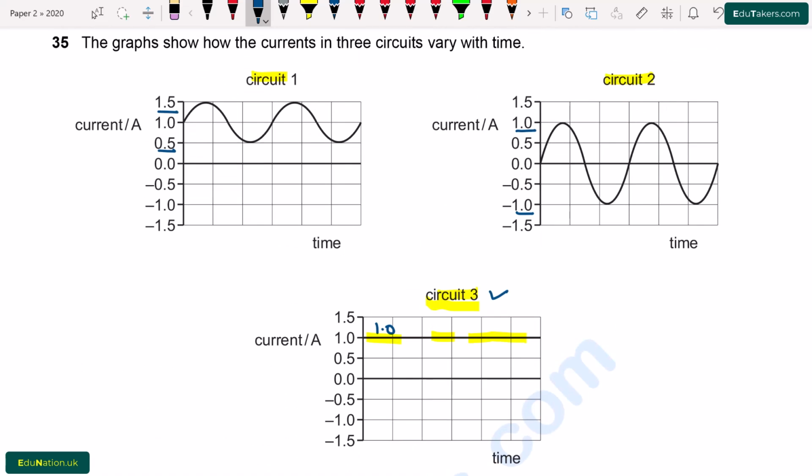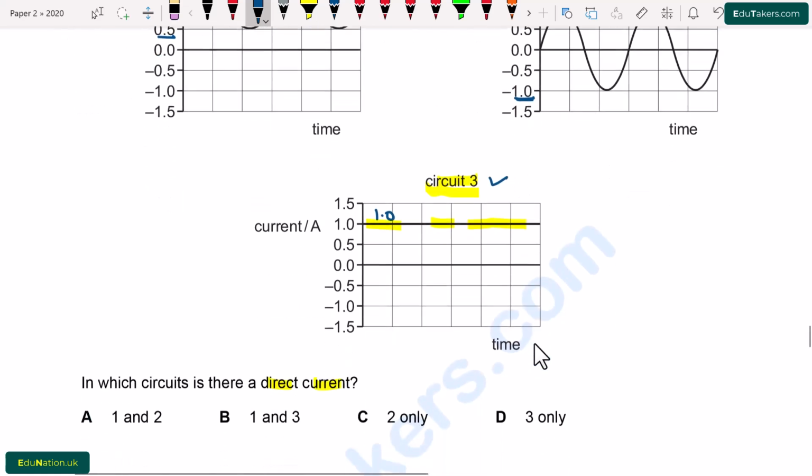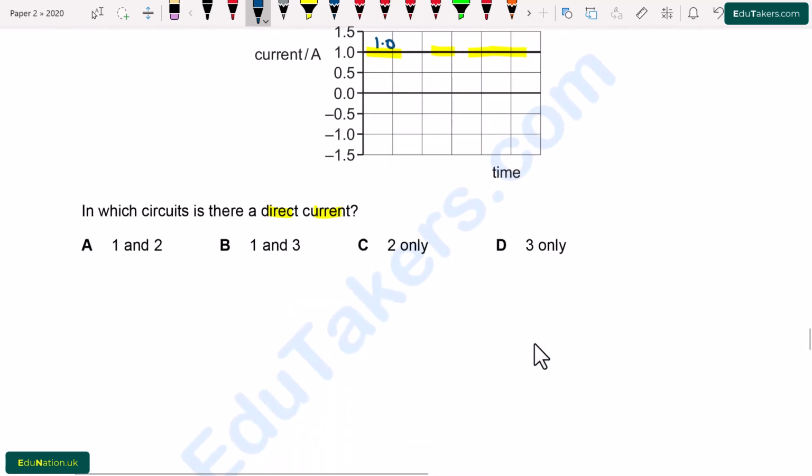In the circuit 1, there is no change of polarity. So it is also the direct current, but circuit 2 is AC current, because here the change of polarity is involved. There will be minus 1.0 and 1.0. So that's why circuit 1 and 3 show the DC. Option B is correct.